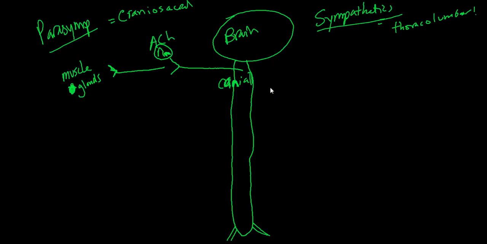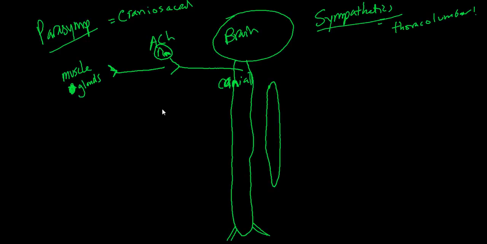So then we've got a thing called the sympathetic chain, paravertebral chain, the paravertebral ganglion. It's going to be a chain, and so here's our spinal cord. This chain is going to run along the vertebral bodies, and this is going to indicate our thoracolumbar region. This is where our sympathetics come out.